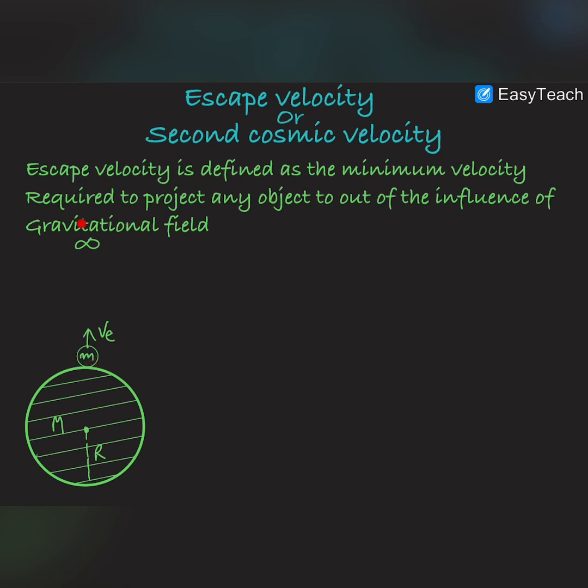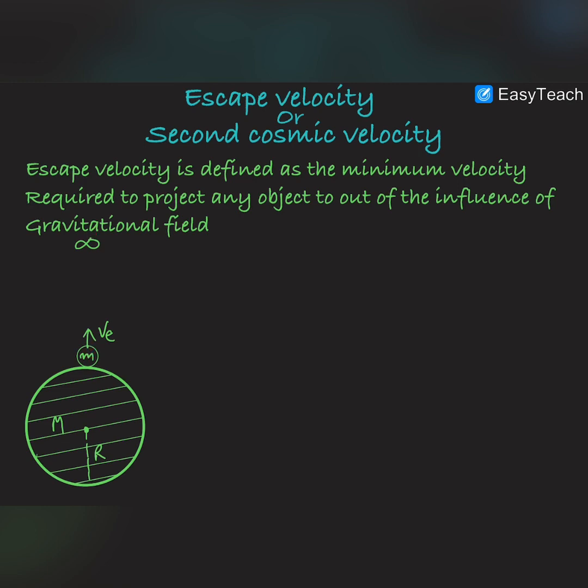Why are we discussing that it escapes to infinity? Because the gravitational field of Earth vanishes at infinity. So we define escape velocity as the minimum velocity with which it should be projected so that it escapes out of the gravitational field of Earth.